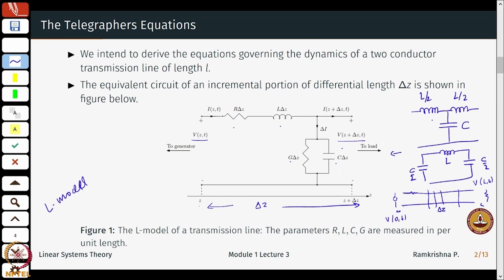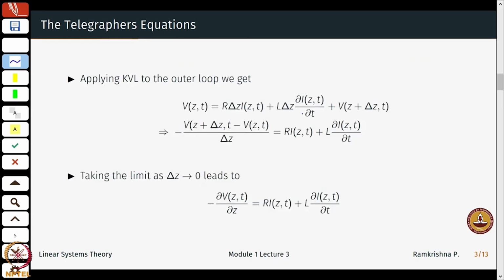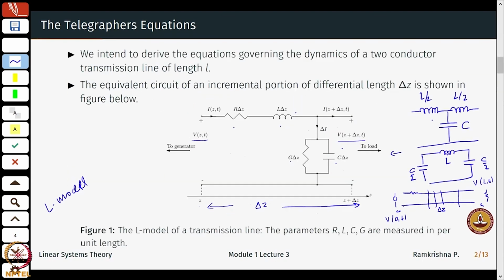Okay. So if I apply the basic voltage laws, if I call the current through this branch I of Z, I have this simple equation here, that V of Z, t is R for the little element delta Z, the current, plus L di by dt, right. So the voltage from here till here is the voltage across R, L and the voltage here, which is simply V of Z plus delta Z comma t.